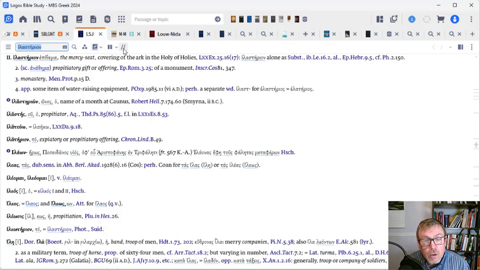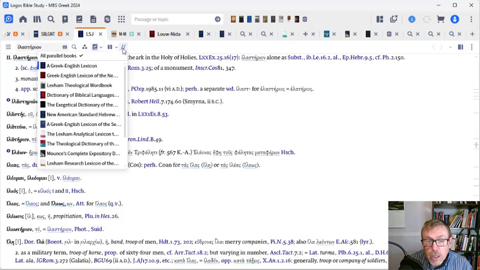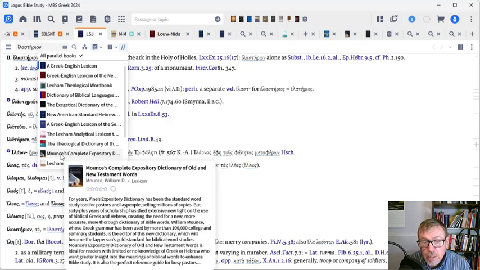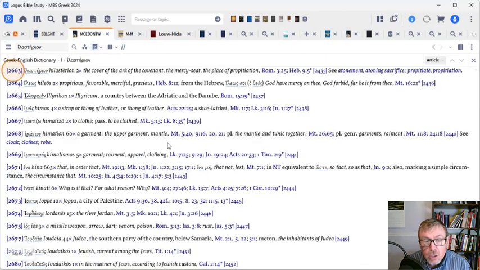Now, one of the really nice things you can do in Logos Bible software is look at parallel books, books of the same type. So there's our first one, and we can come down and pick a different one. Many of you have Mounce's Complete Expository Dictionary of Old Testament and New Testament words, and we can go to that and see what he does. Here's the word, and he gives the transliteration.